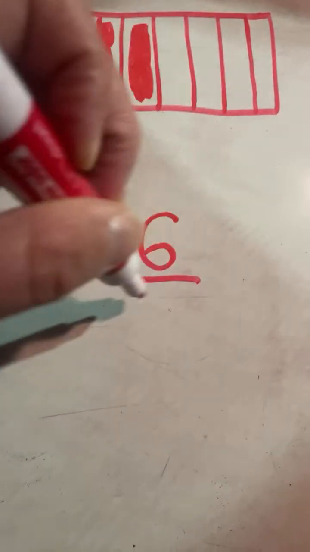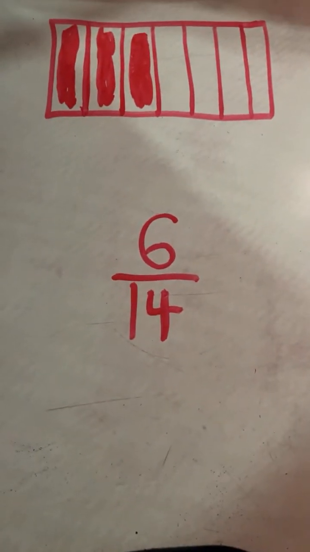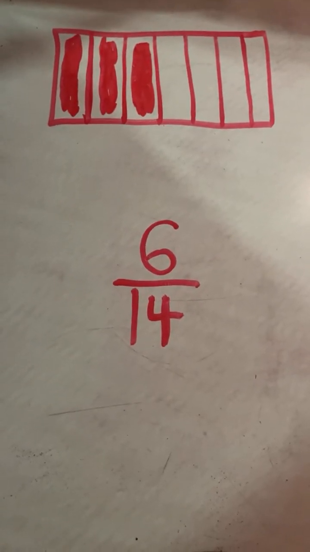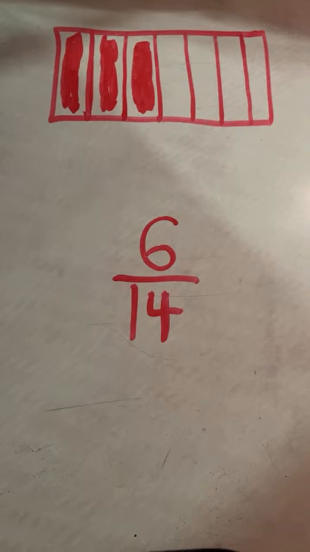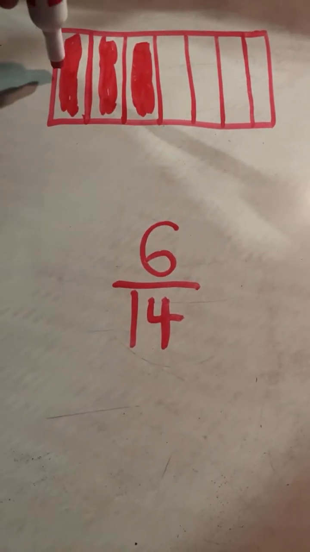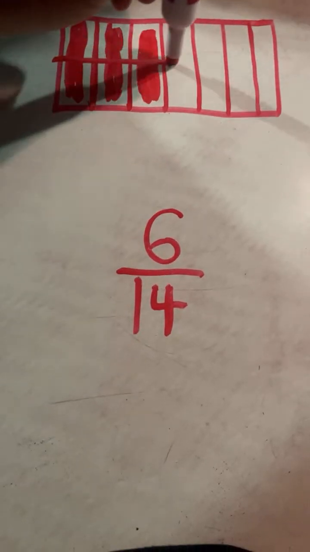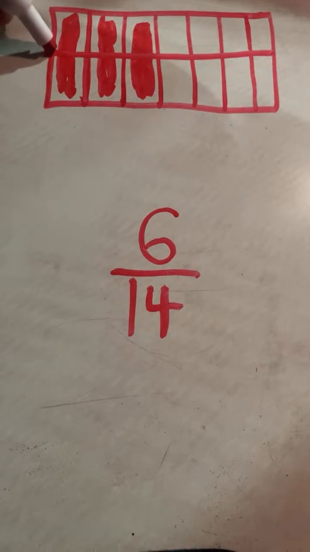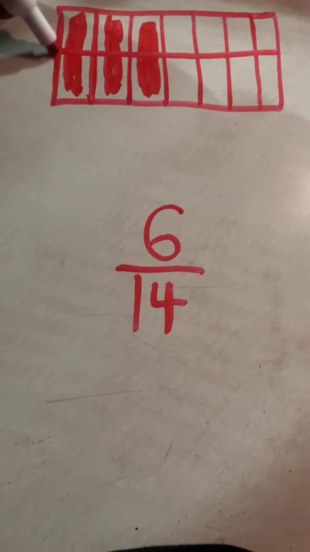It helps the algorithm. Now, if I wanted a fraction model to represent 6/14, that would mean that the fraction model has to have a total of 14 parts, and 6 need to be shaded. So what I can do here, if I simply draw a line across this fraction model, I now have 14 total parts.